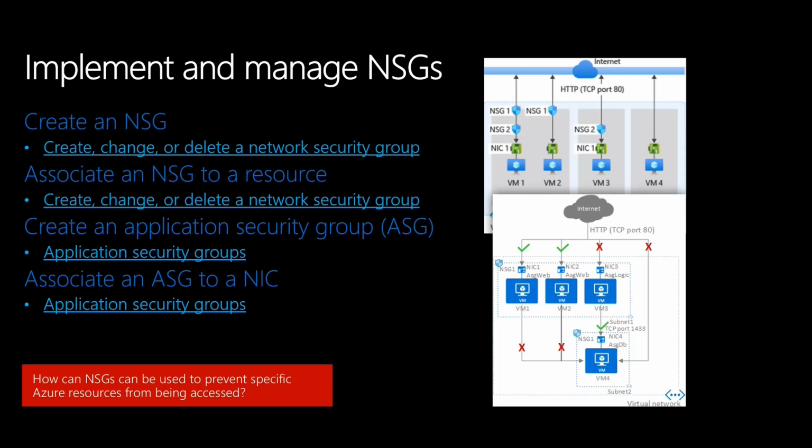Priority for the rules that you define here can be any number between 100 and 4096. So remember, the priority of 1 is not valid in terms of setting up rules within a network security group. The rules start at 100. 100 is the highest priority, and the rules are processed in priority order, with the lower numbers being processed before the higher numbers.